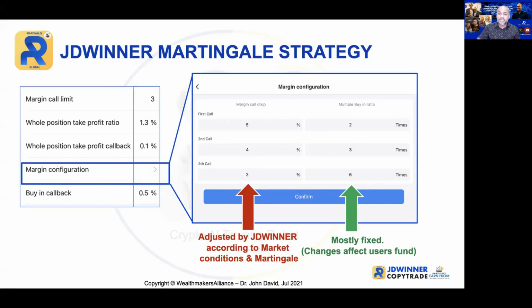That's the reason why 2, 3, 6 is fixed. So you don't have to worry about your fund; it will be taken care of. But the margin call percentage I can change anytime and it will not affect you at all. I am monitoring the market, so I will be able to adjust it according to the volatility of the market. I hope you can get it.